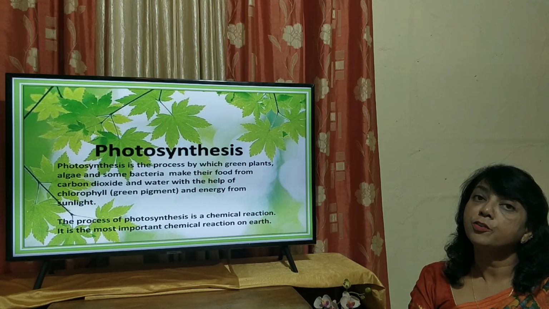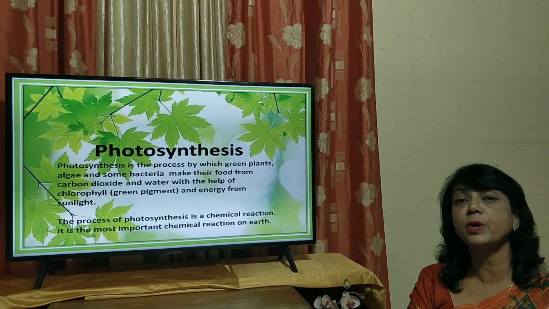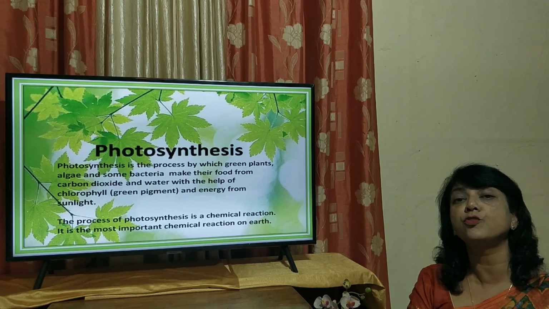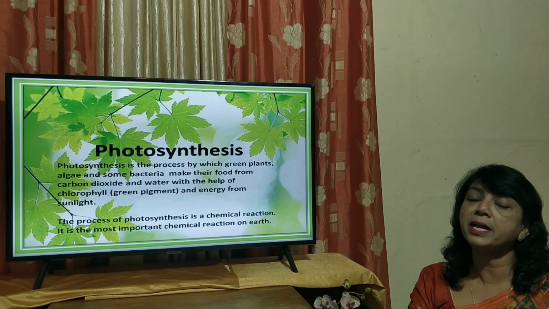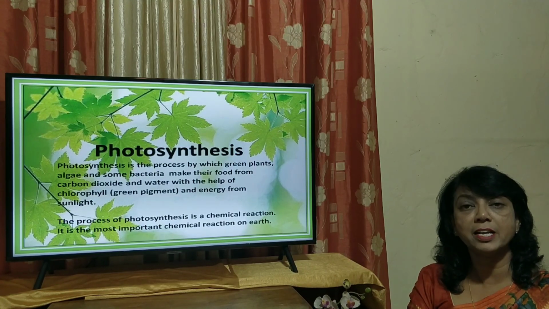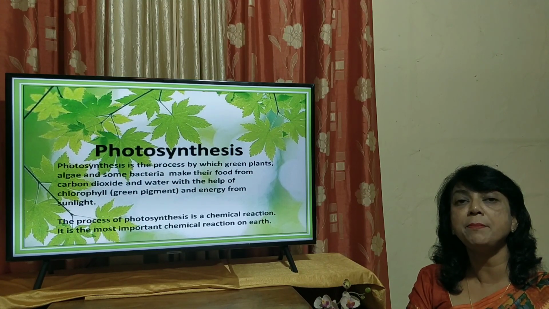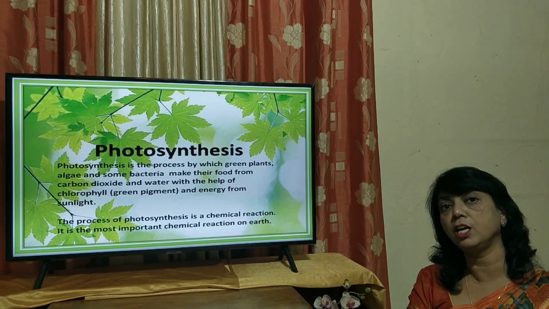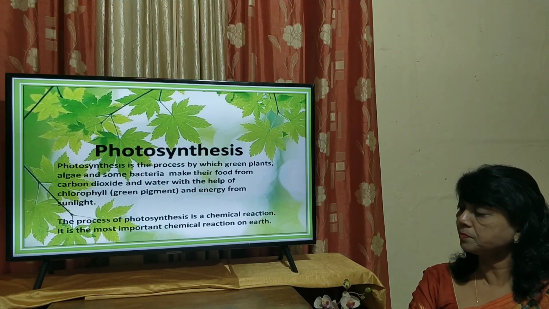After photosynthesis, the plants produce food for themselves as well as for other organisms. And by gaining that food, the heterotrophs get energy and are able to utilize that energy for their life processes.